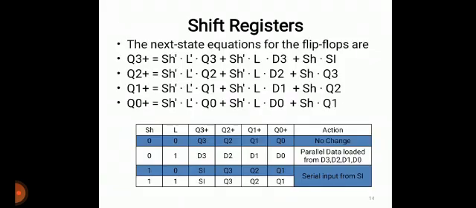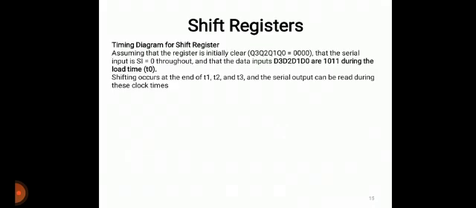So you can see the next state equation for the flip-flops there. You can see how the action takes place whenever we use a D flip-flop and a shift register. Fine. Next, the timing diagram for a shift register.